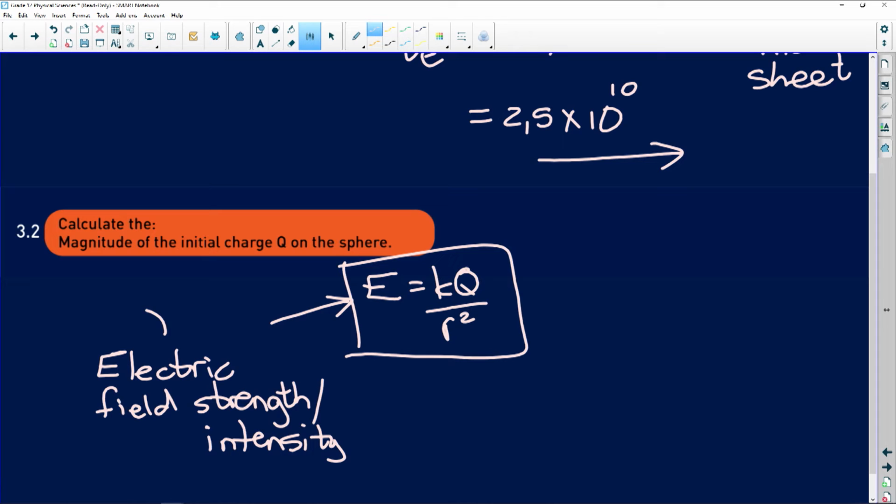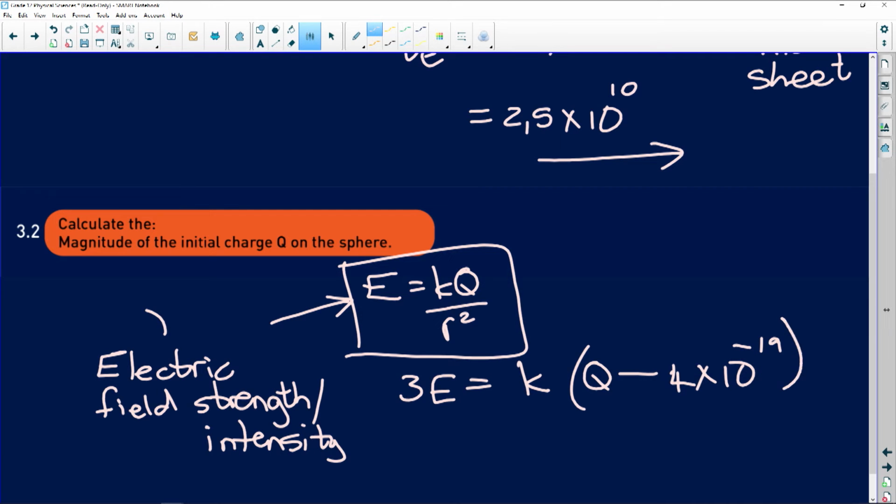Right. So they say now the charge that was added is now added to charge P. So we're going to have a look. So we're going to have 3E is equal to K, the constant. So we want to know what the original charge Q was. We added this charge of negative 4 times 10 to the minus 19.